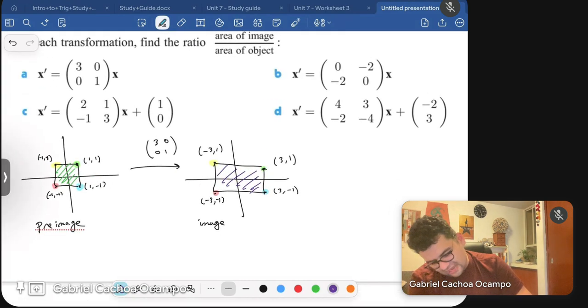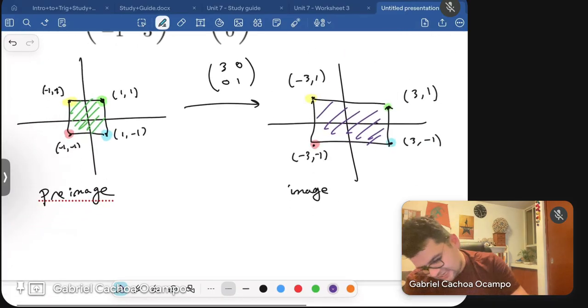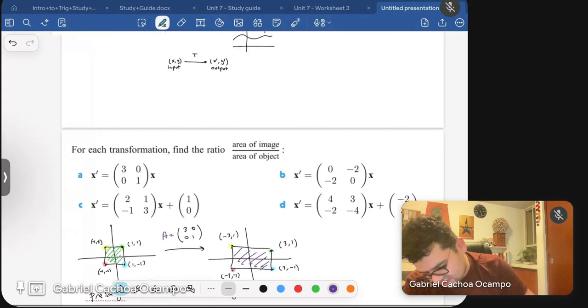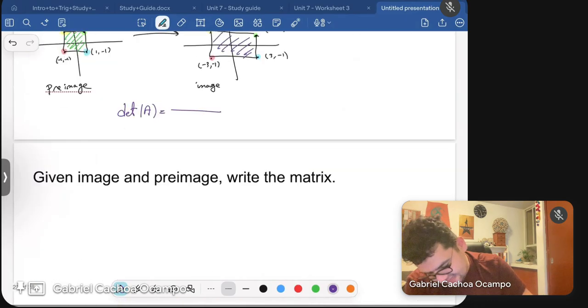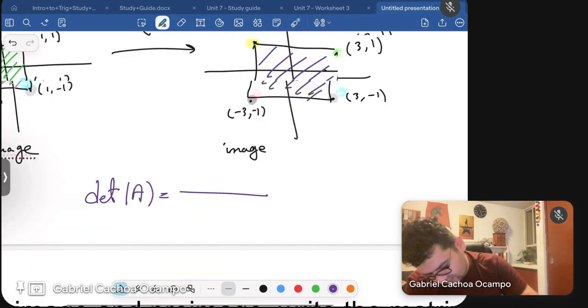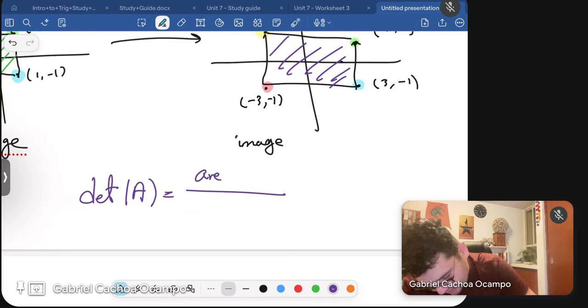Okay, so I am gonna tell you, there is this beautiful formula that says, o sea, if I have this matrix A, the determinant of matrix A is gonna be the area of the image divided by the area of the pre-image.